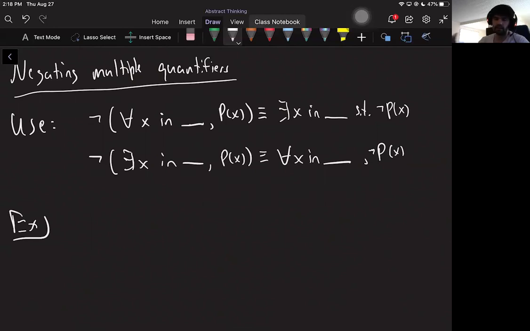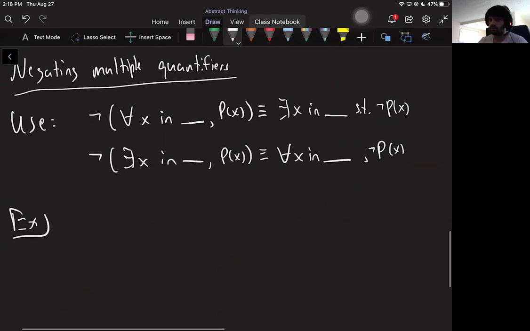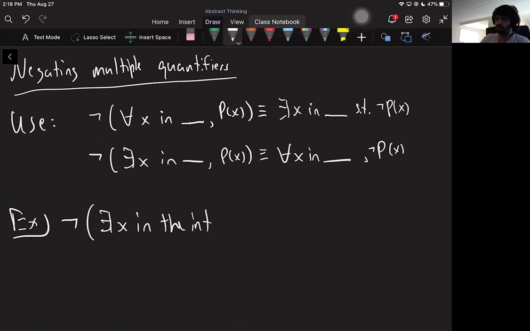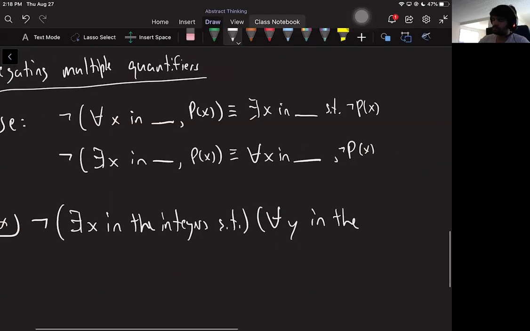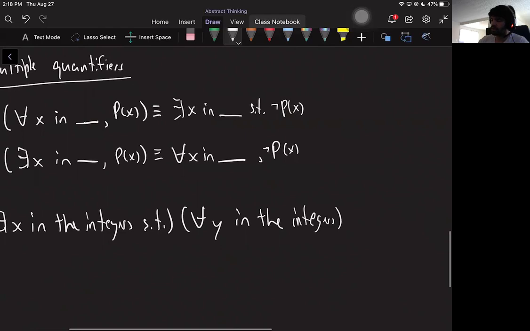So here's an example. We'll just use the same stuff we've been working with. So let's try to negate this thing that we looked at. There exists an x in the integers such that for any y in the integers, x plus y equals 0.